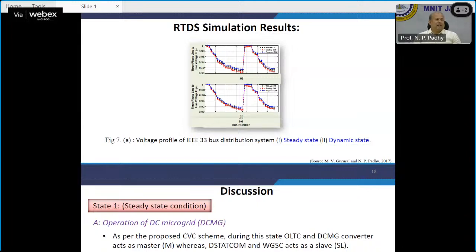Now I will tell you what is the interesting part here. Let's say you have an existing system, there is no control mechanism, nothing. And the feeder is disconnected. What will happen? My voltage profile will nicely improve, because the load dropped. So when the load is reduced, the voltage profile will be better, no?